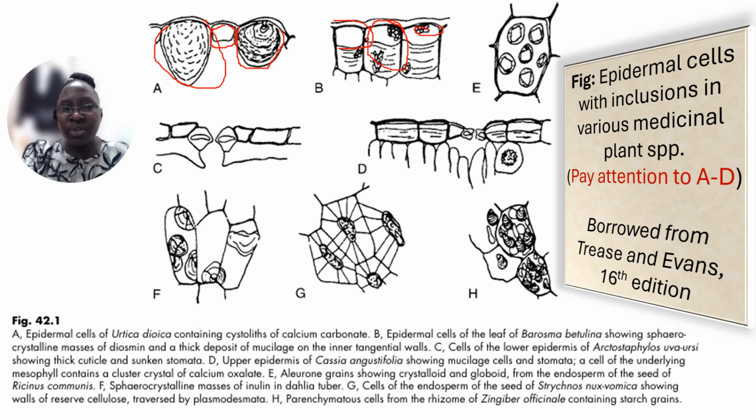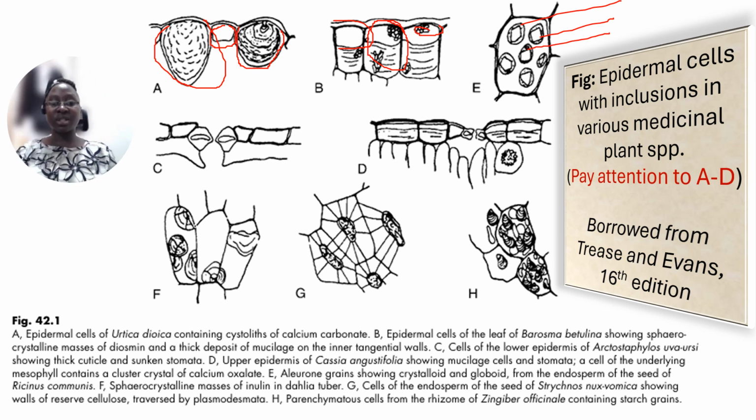These include, remember we did something about aleurone grains, something about crystalloids, about globoids. So please go and watch part 1 and part 2 of diagnostic substances that has been posted a few days ago. And here we have a lot, so please go through your book of Trease and Evans, try to see along. Like here we have inclusions in epidermis. These are starch grains.